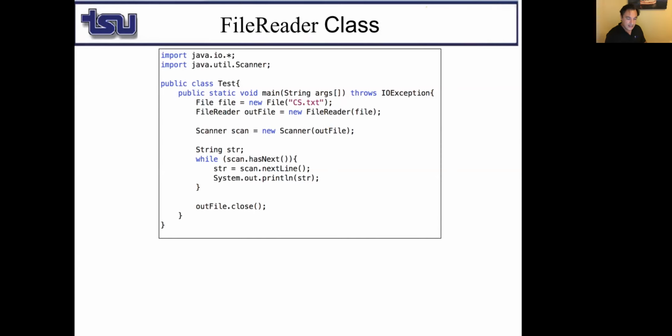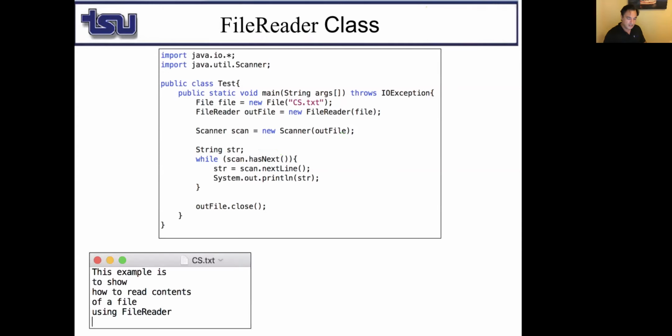Now scan has next. What do you think hasNext is? HasNext is going to return either true or false. If the file has a line, hasNext is going to return true. Okay, so it's going to scan through the contents of the file for me. Here, assume that cs.txt has 5 lines like this.